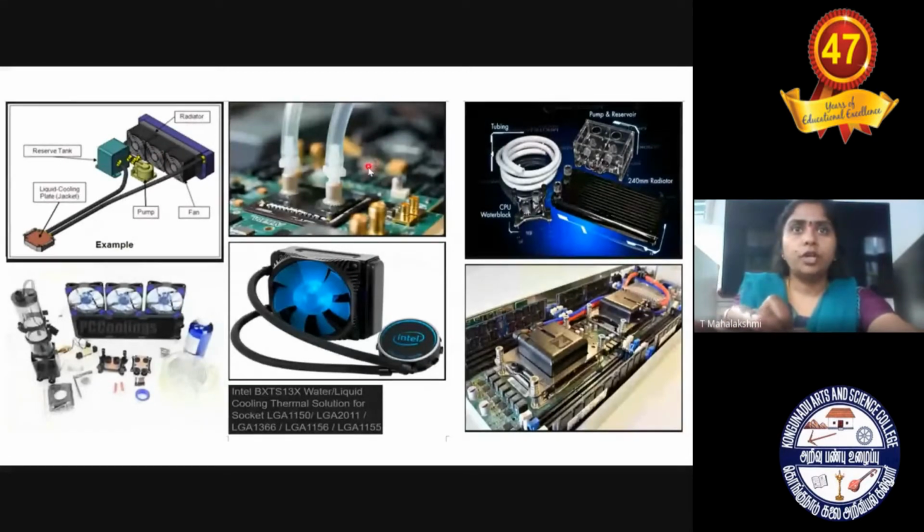So as I told you here, the chip will be placed on this plate. See here, the chip is placed on the plate, and directly the nanofluid is applied on the plate to keep the chip always cool. See here also they are using nanofluids to keep the CPU cooled.